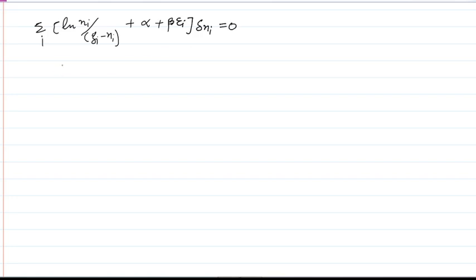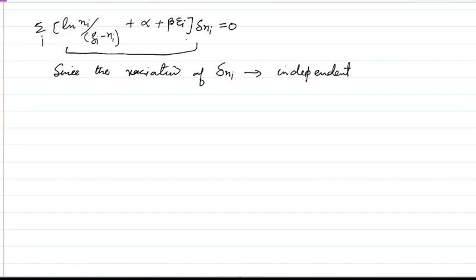Now we know, since the variations of this delta Ni are basically independent of one another, it cannot be 0, hence its coefficient will be equal to 0.